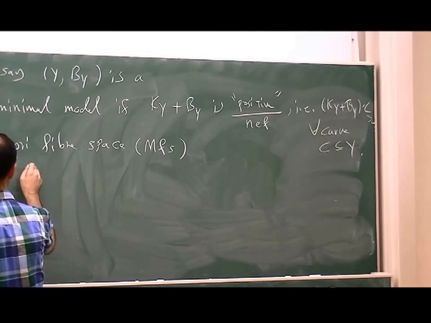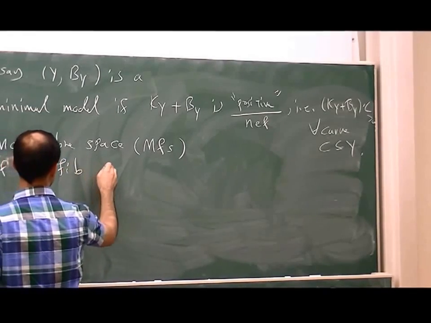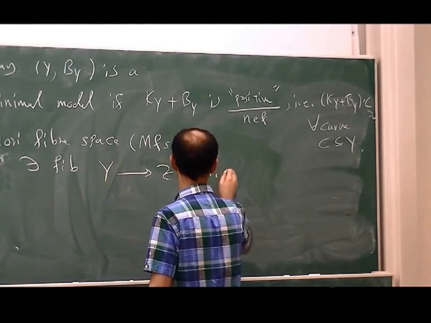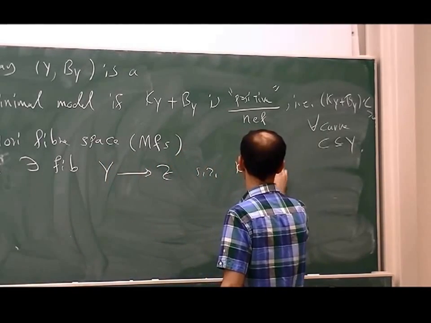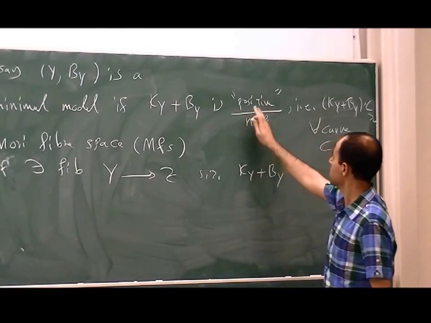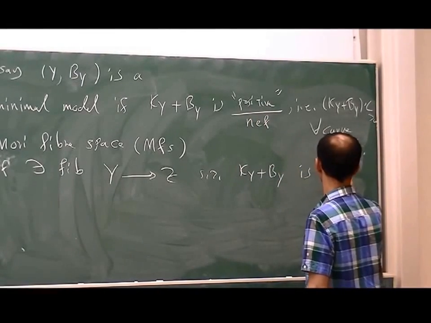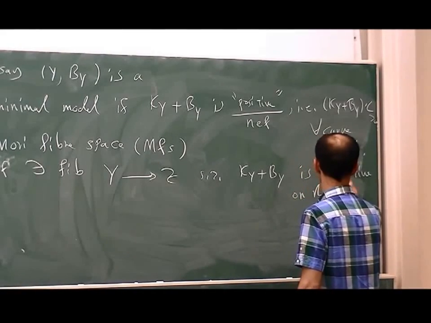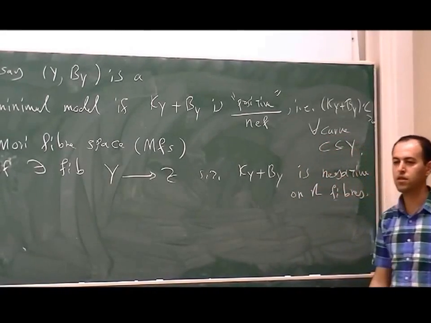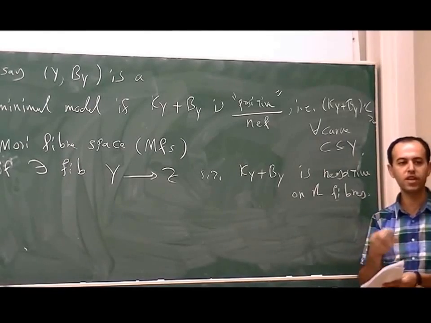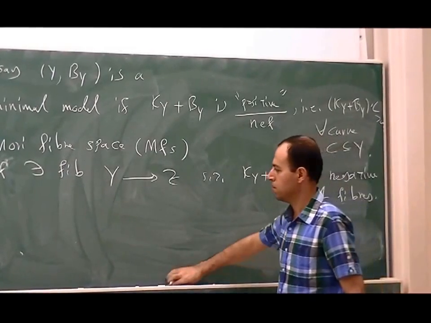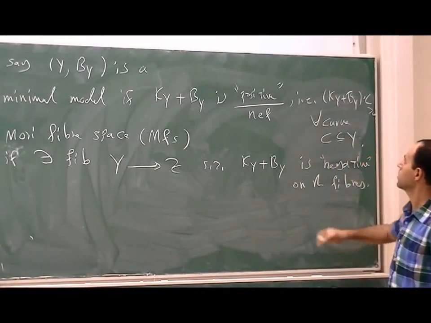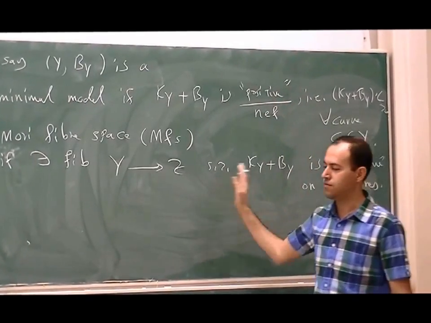What I require is that if there is some fine ratio, let's say from Y to Z, such that K_Y plus D_Y is essentially the opposite, is negative on the fiber. In other words, it intersects negatively curved inside the fiber. But I think it's quite good to remember these two ways. Here you have positivity, here you have negativity.